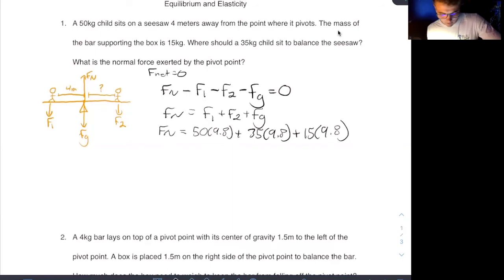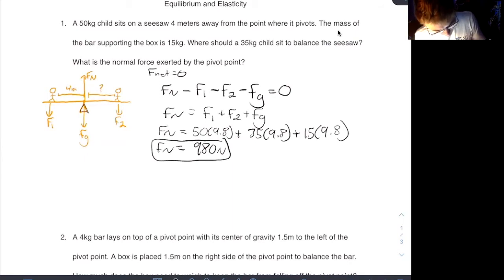That'll give us our normal force, which in this situation is 980 newtons. That is how much this little pivot point has to push up on that bar to keep it balanced.